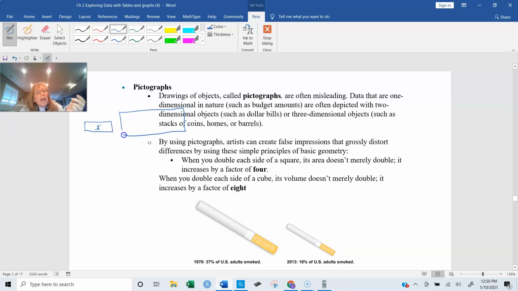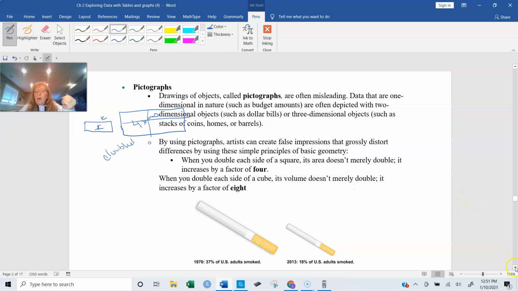Well, how many of these dollars fit into here? I hope you came up with 4 of them. So this is 4 times larger than this one, but I said it only doubled. So the pictures themselves are deceiving. I have lied to you, maybe with meaning to, but hopefully without meaning to.